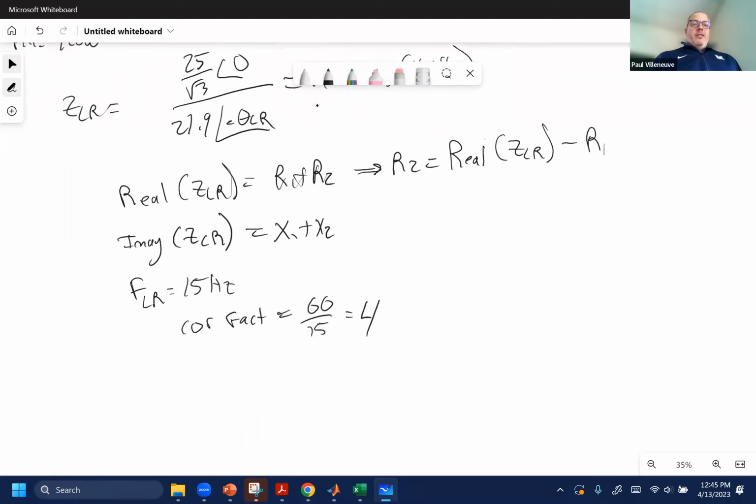So this is the imaginary part. What I need to do is X1 plus X2 has to be multiplied by my correction factor to get everything in 60 hertz land.